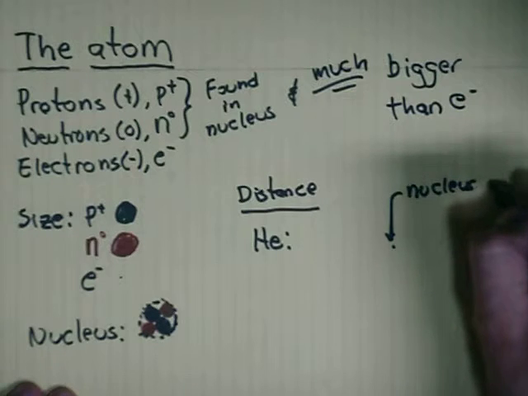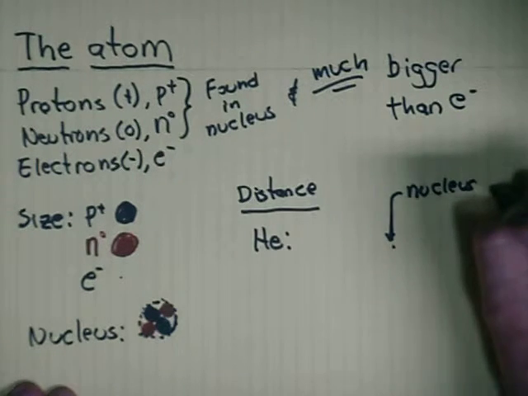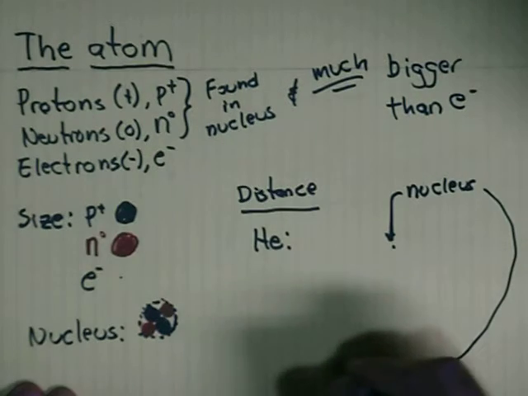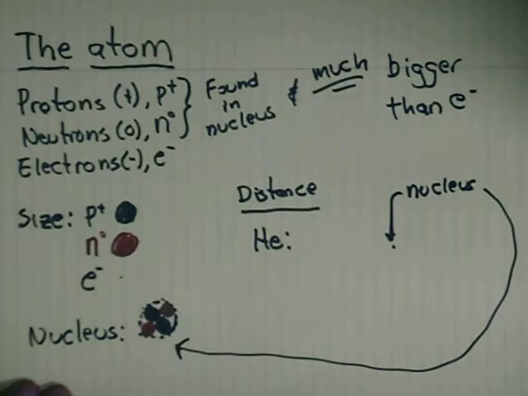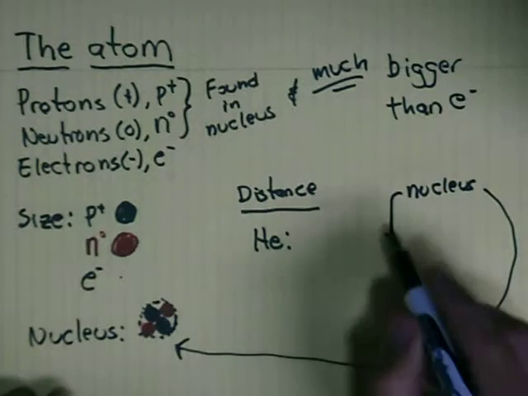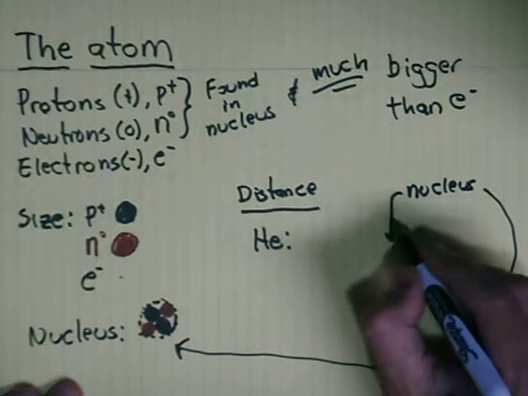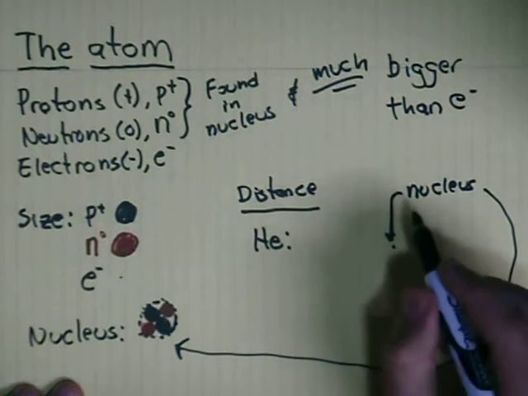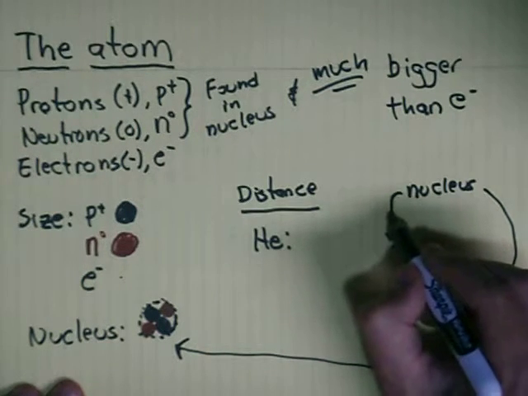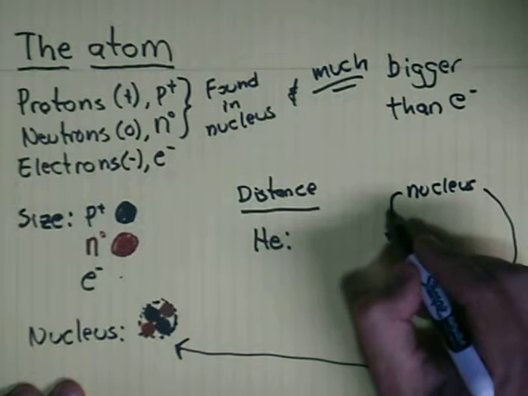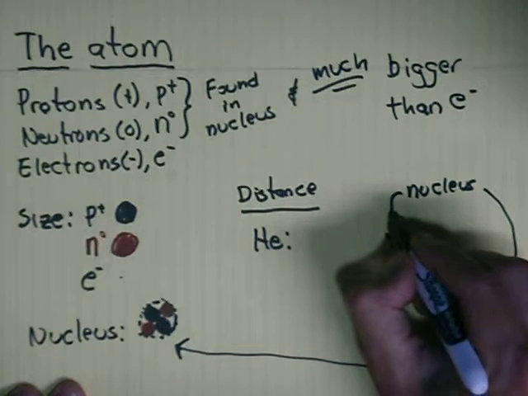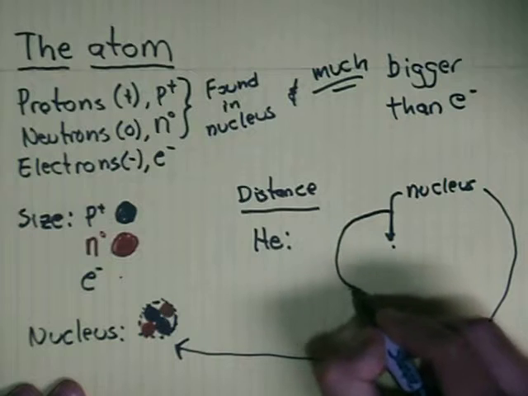Remember that if you zoom in on that, it's going to look like that. If this is the nucleus and we've zoomed out that far, the scale might not be exactly right, but it gives you a representation of what it looks like.